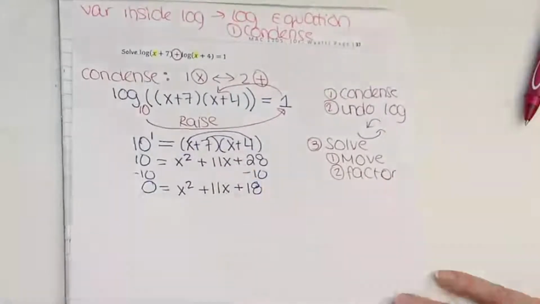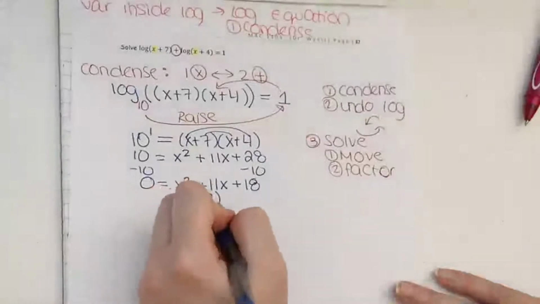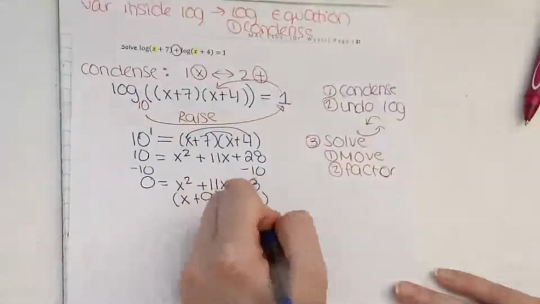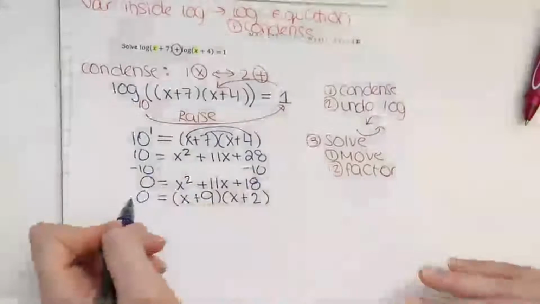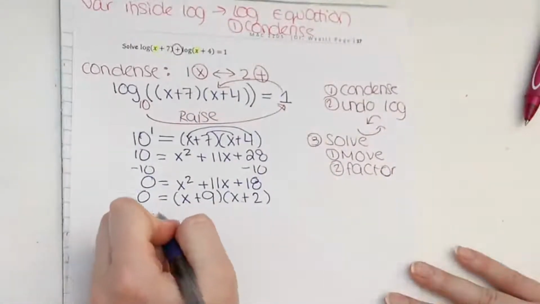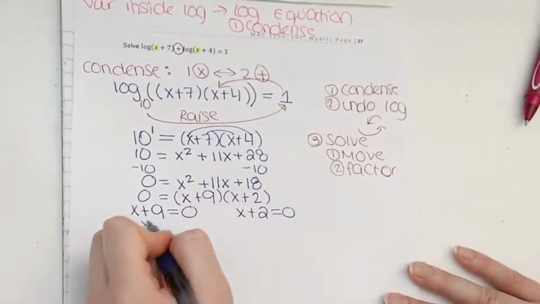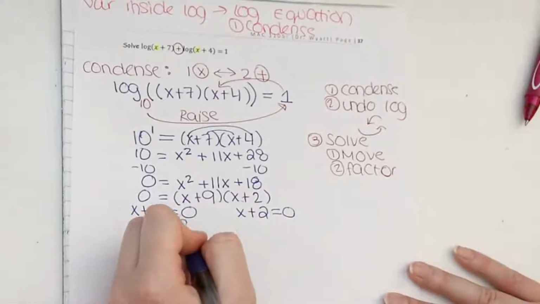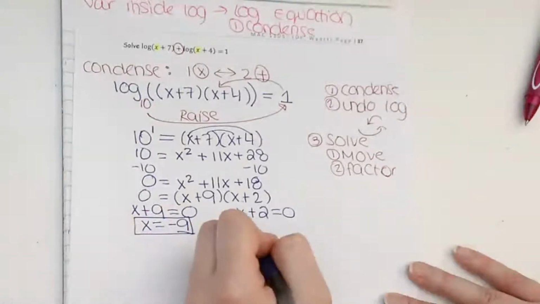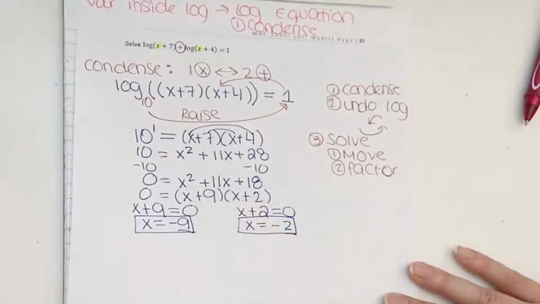Now we're in the position where we can factor. We think about factors of 18 that add up to 11, and we get x plus 9 and x plus 2. Then set those factors equal to zero, and that gives us x is equal to negative 9, and x is equal to negative 2.